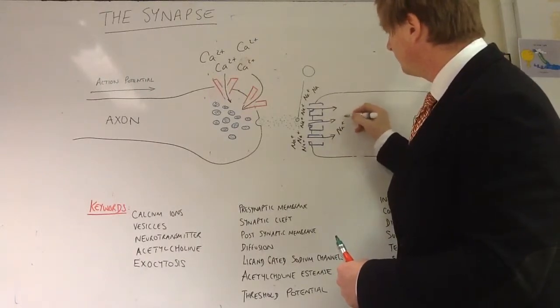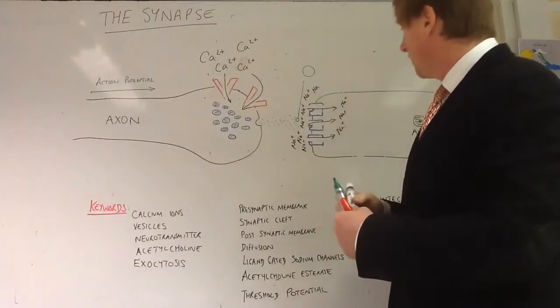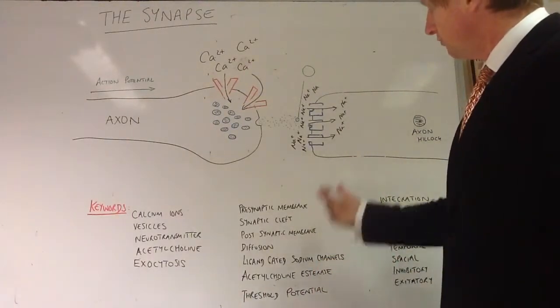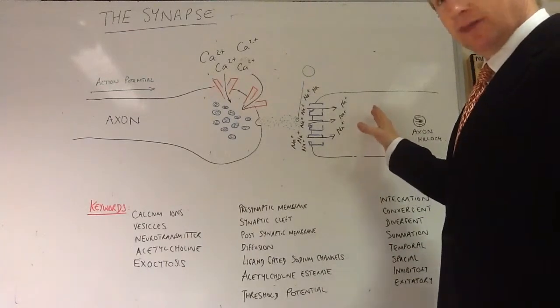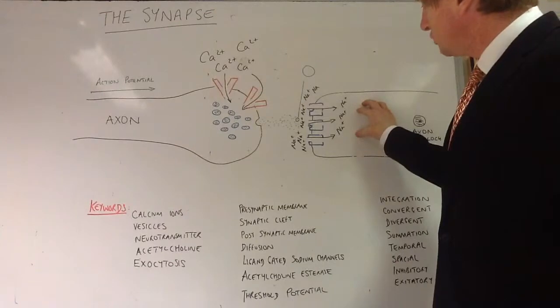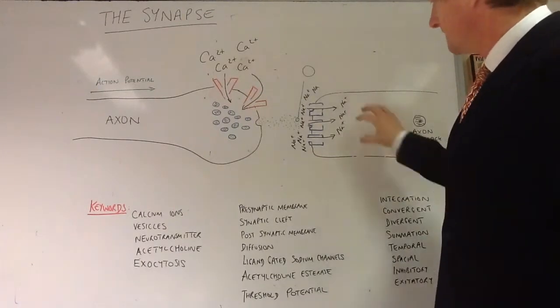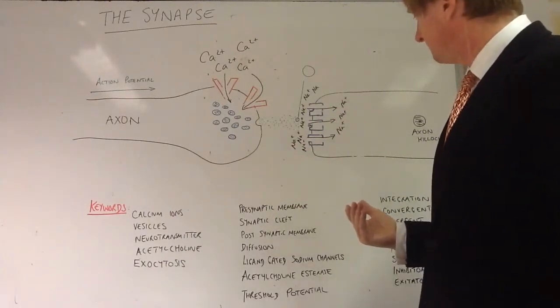So we now have positive sodium ions coming in through the postsynaptic membrane and now affecting the potential difference of these cells, of the membranes. This is going to become more positive because positive ions have been allowed to move in.